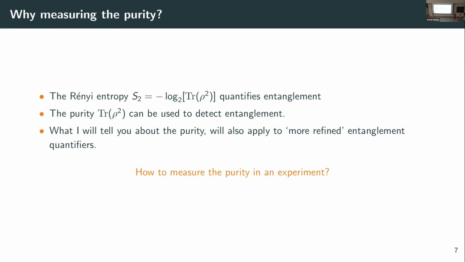So based on these two items here, I'm interested in measuring the purity. And I want to emphasize that what I will tell you about the purity can also be applied to other quantities, like the kind of protocols that I will describe. I will illustrate them for purity, but you can also use them for more refined entanglement measures.